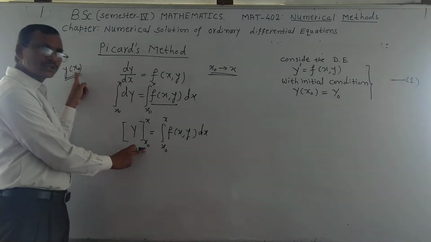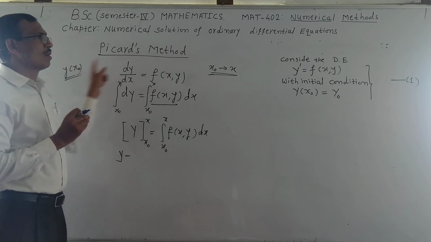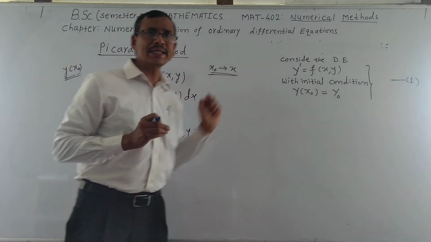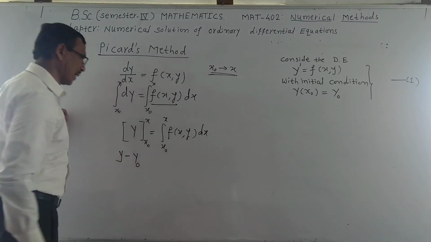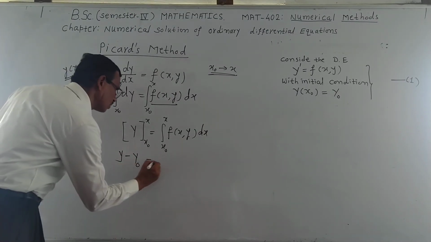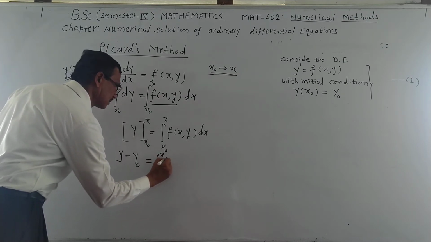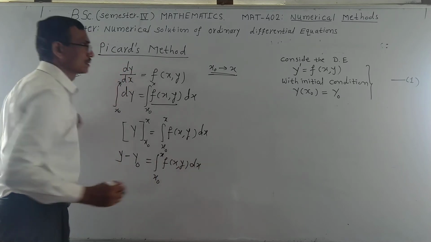Lower limit is x0, therefore y of x becomes y of x0. But it is given that y of x0 is y0, this is the initial condition, and therefore we shall write this as y minus y0 is equal to integration x0 to x f of x, y dx.